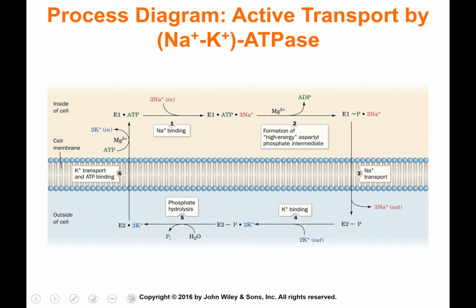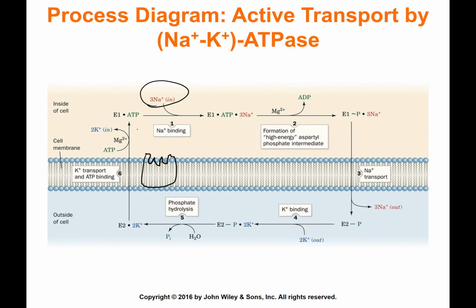Well, how does this happen? How does this whole process work and actually lead to the pumping of sodium across to one side and potassium to the other? Initially, the protein is sitting in the membrane here, and I'm just going to draw 3 little binding sites. It basically has binding sites for 3 sodium ions.